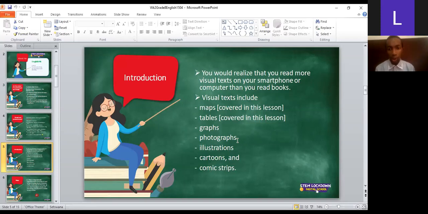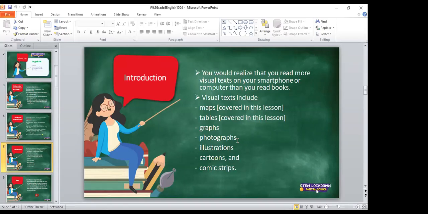If I were to take a picture of this and put it in a test or exam, it would be a visual text where I will be asking you to discuss what you see in the background, with various questions based on what the photograph is about and what it might be showing.